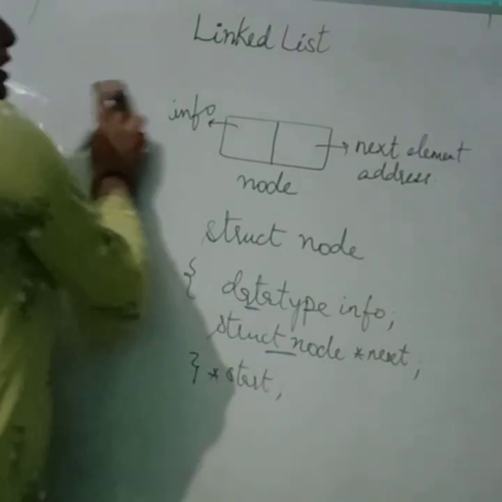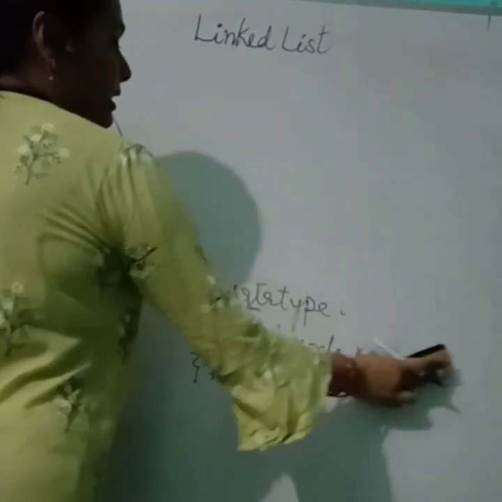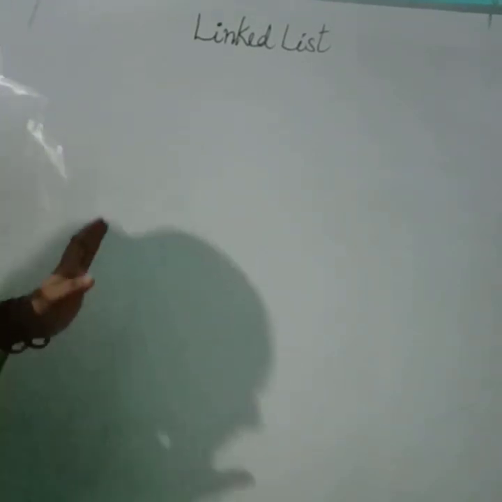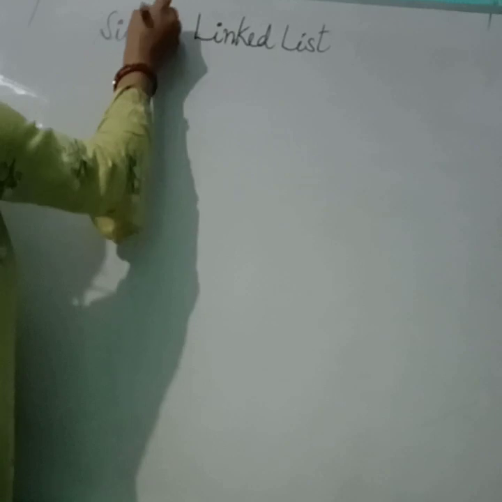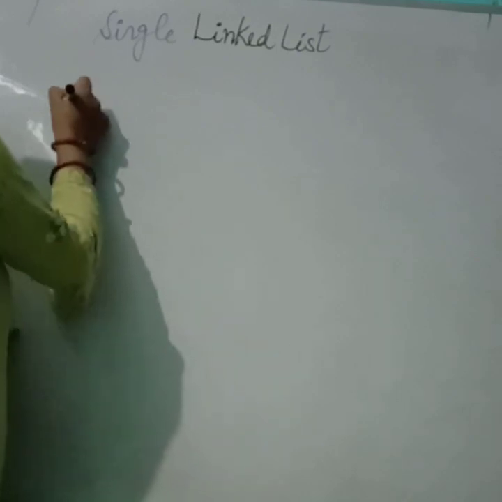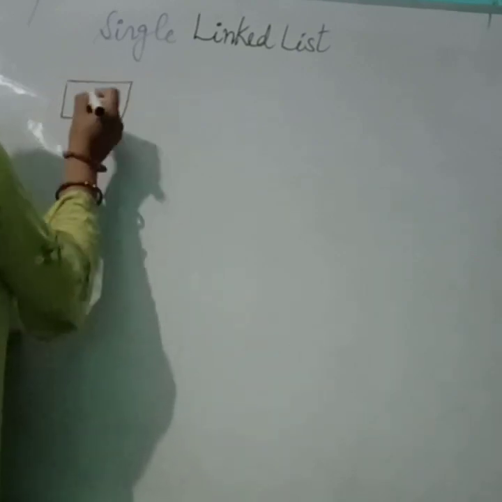So, first of all, we will discuss the single linked list. Single linked list is a list which is simply known as linked list. We can say single linked list or simple linked list. Now, what is the property of single linked list?